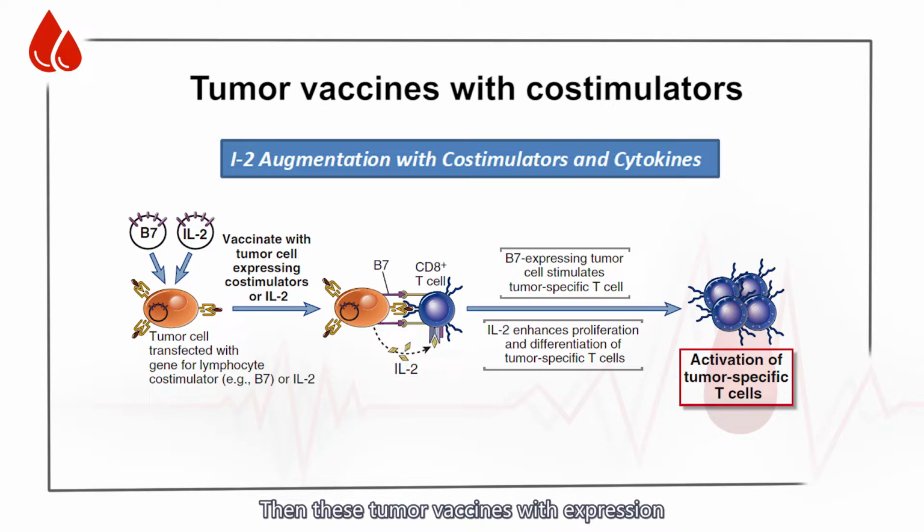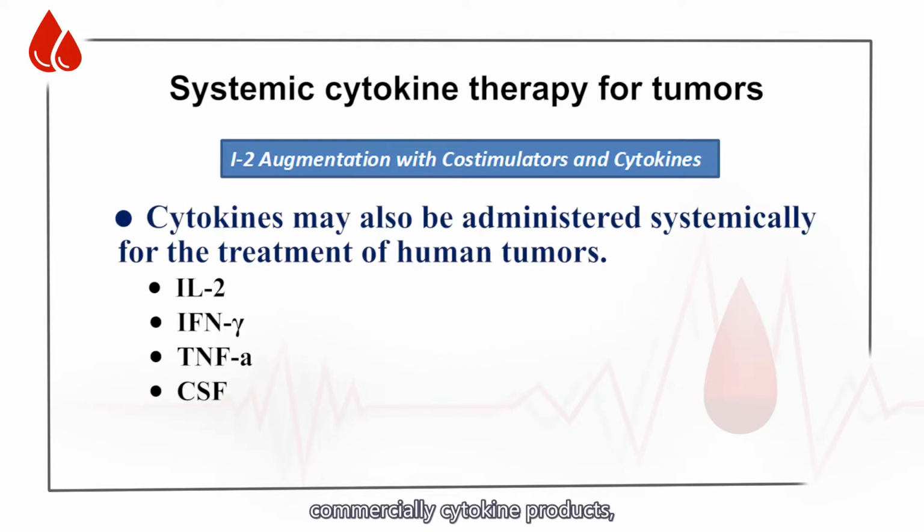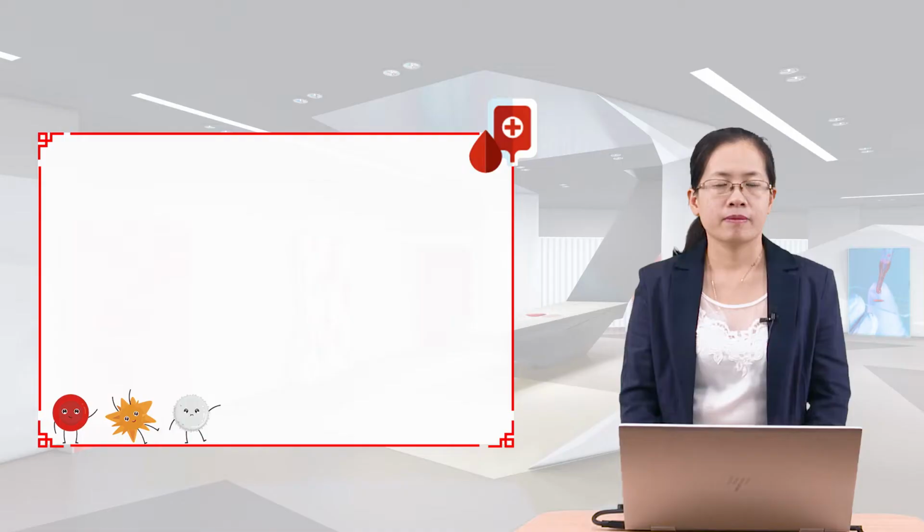Then, these tumor vaccines expressing co-stimulatory genes would activate tumor-specific T cells. In addition, commercial cytokine products such as IL-2 and interferon gamma could also be systemically administered, but the side effects are serious.